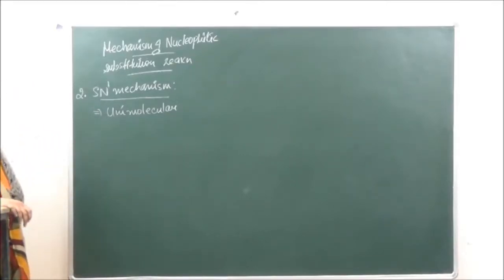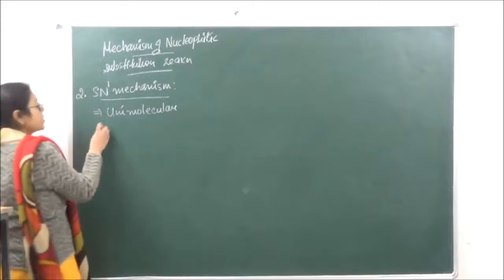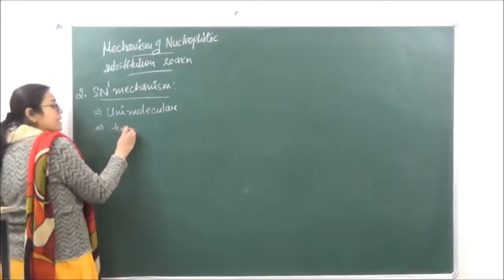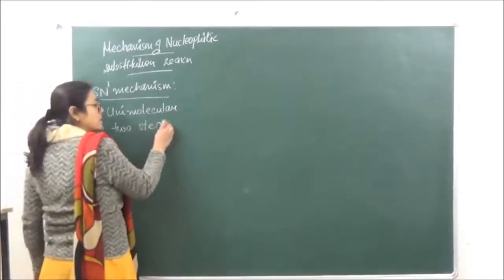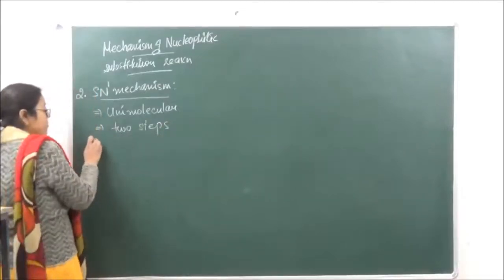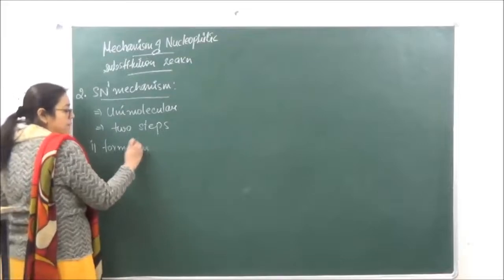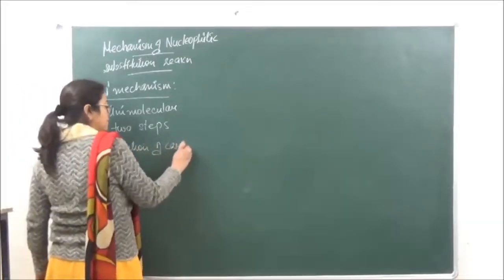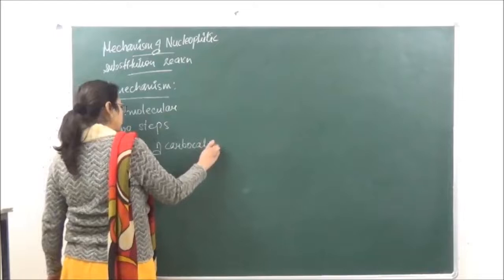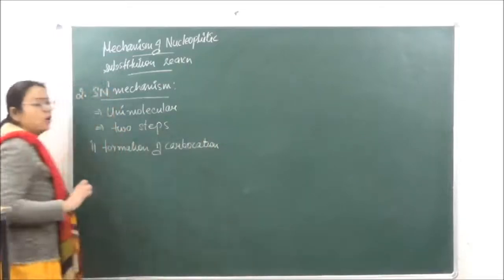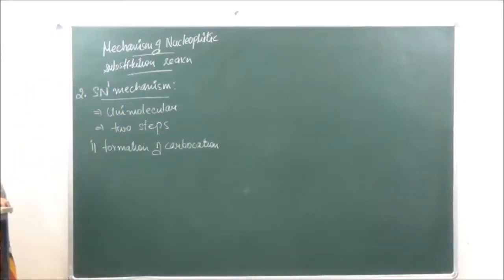That is why it is known as unimolecular reaction, and the reaction is going to take place in 2 steps. Right? In the first step there is a formation of carbocation which is going to take place.